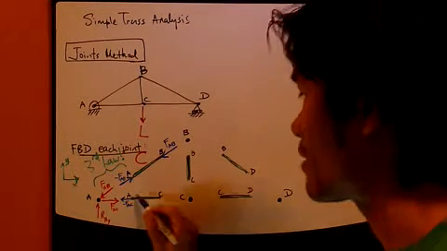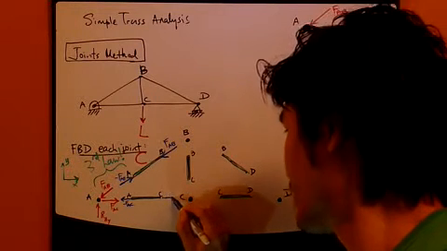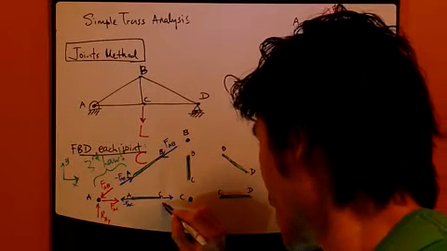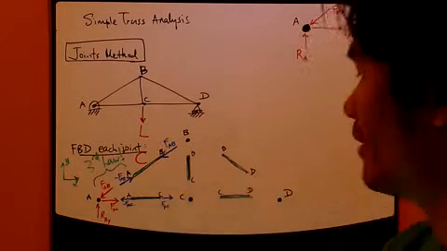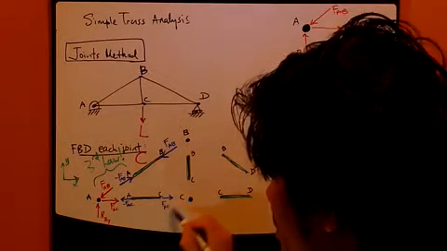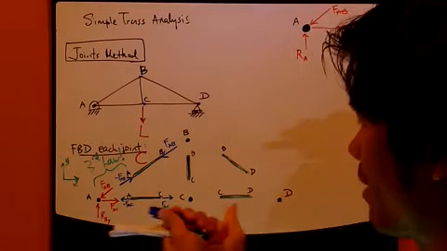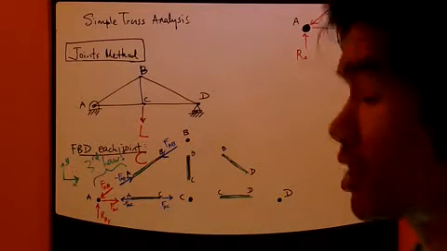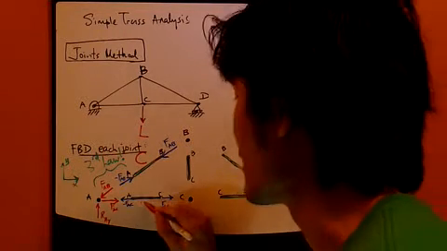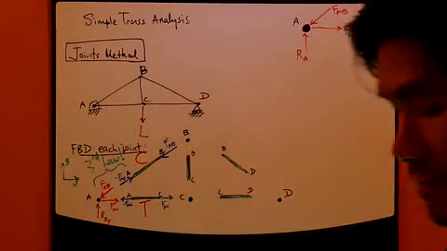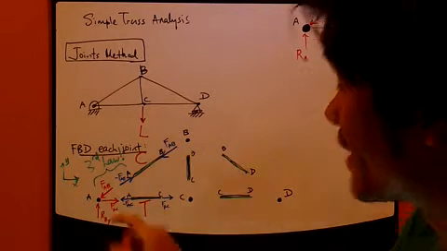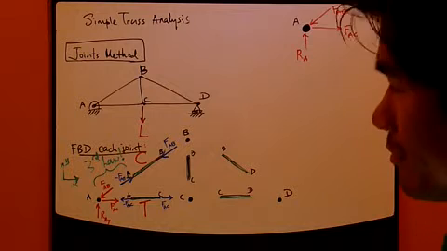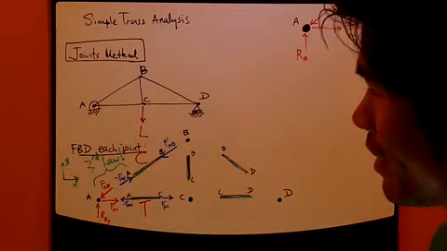Now, because this is a two-force member, this opposite force must exist at the other end. Now look at this picture right here. Just the member. I have a tension force. So FAC is a tension force. That's all.